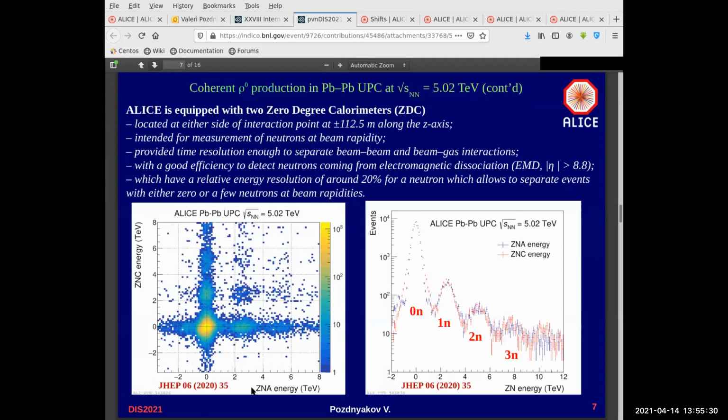If we draw the energy in one arm of our ZDC with respect to the second one, you can see a nice plot which illustrates that here we have no neutrons, and then 1 neutron from one side, 2 neutrons from one side. If we make a projection, you can see the ability of our detector to detect 1 neutron, 2 neutrons, 3, and then the resolution becomes worse.